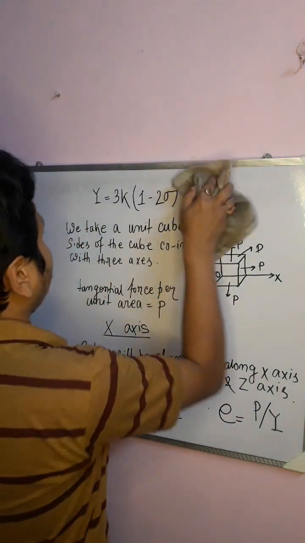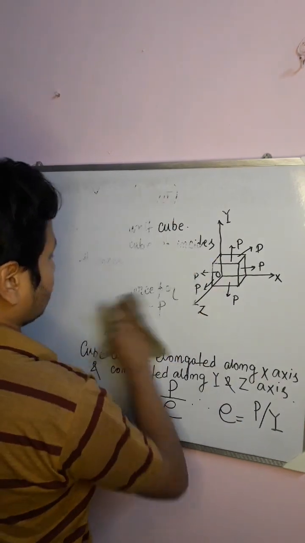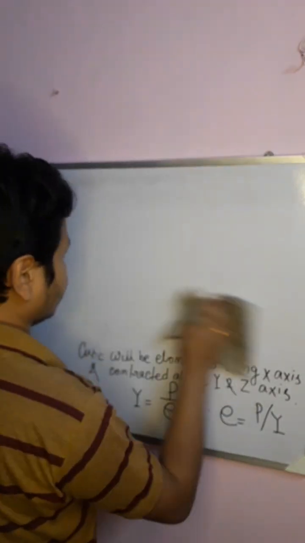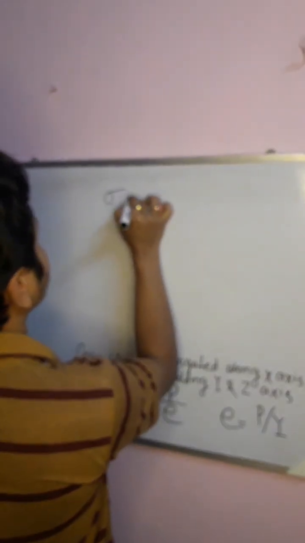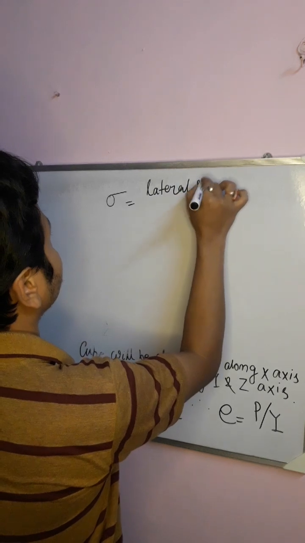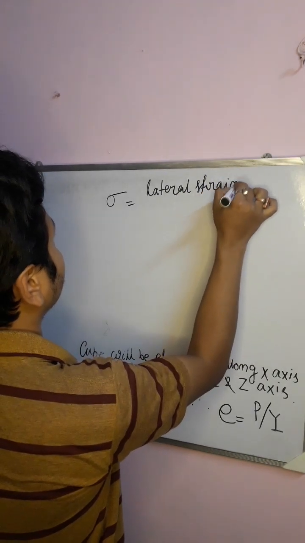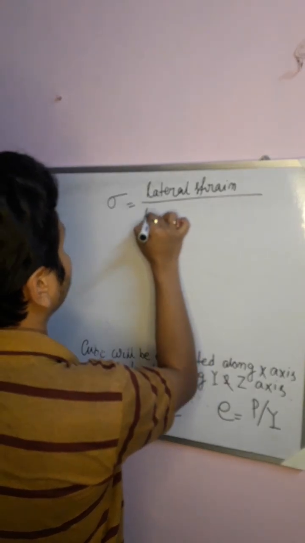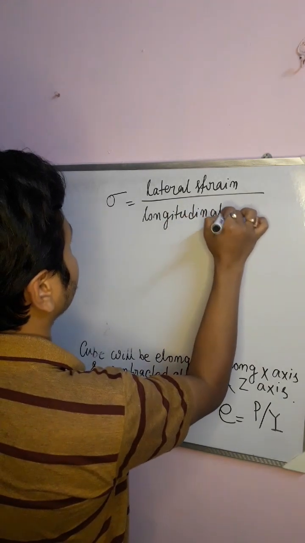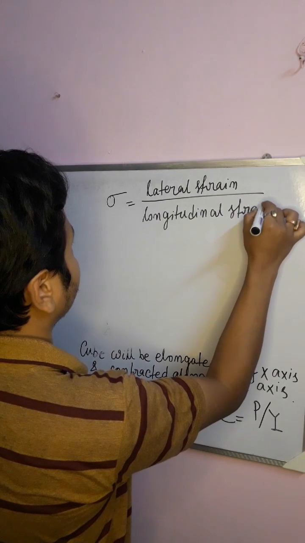Now let us see how much contraction takes place along the y and z axes. That we know from the definition of sigma, that is Poisson's ratio. Sigma means lateral strain by longitudinal strain.